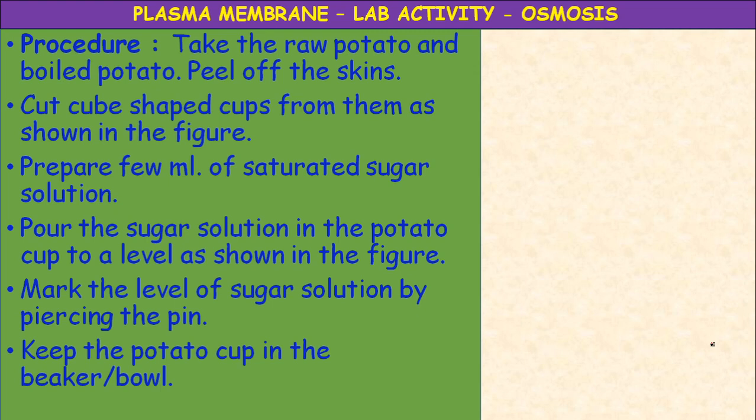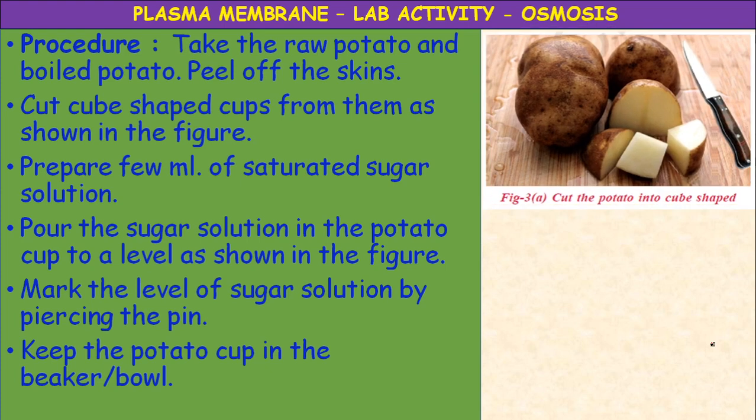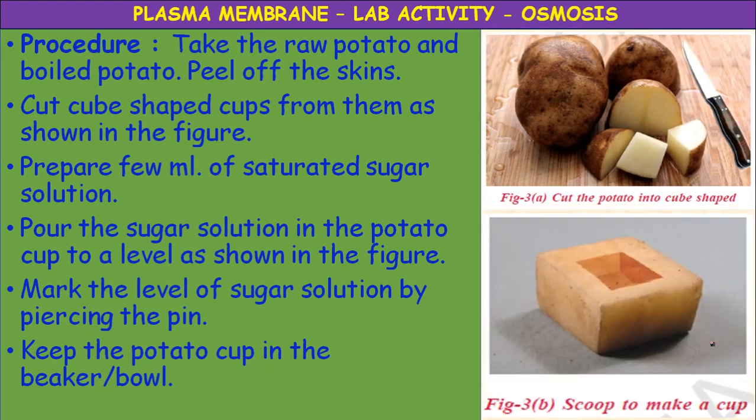Keep the potato cup in a beaker or a bowl. So here we have cut the pieces. You have to take a piece and make a scoop. In this we have taken a few ml of saturated sugar solution, and we have marked the level by piercing a pin. Okay, kept it in a beaker.